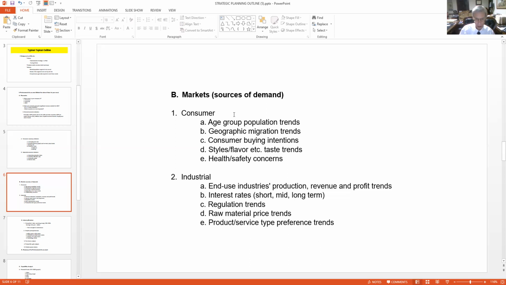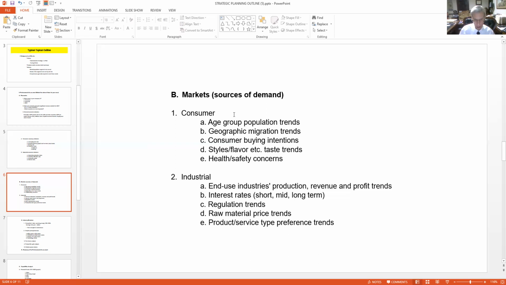And many people and employers have found that they like that because if you're an employer, you don't have to pay for as much office space. So there are various reasons, but there does seem to be a trend in that direction. And then various taste trends and flavor and preferences for styles and so forth. And of course, the last item, health and safety concerns, are growing ever more important.